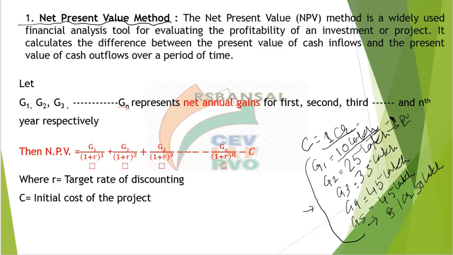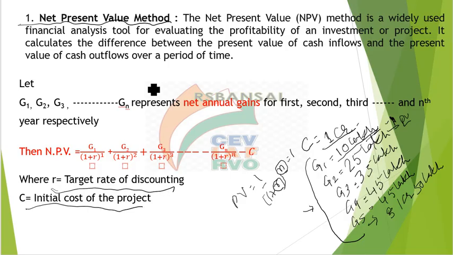Present value factor is equal to 1 over (1 plus r) raised to power n. For the first year, the value of n is 1. R, what is R? R is your expected or target rate of return. So R is your target rate of discounting, and C is the initial cost of the project.